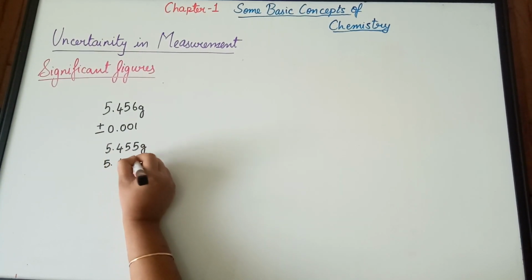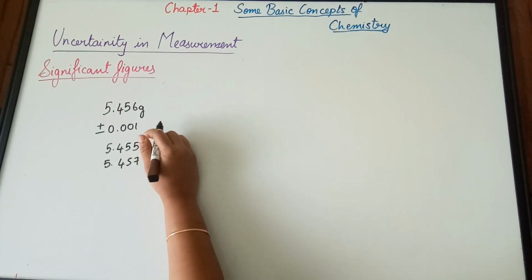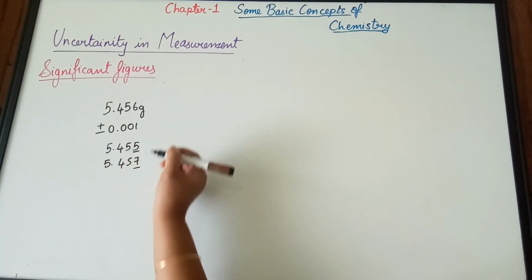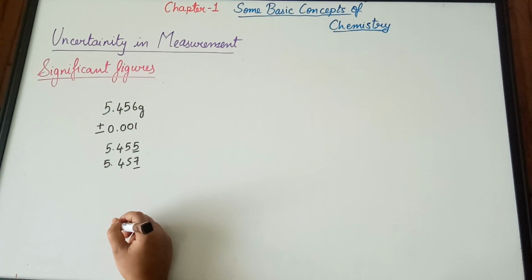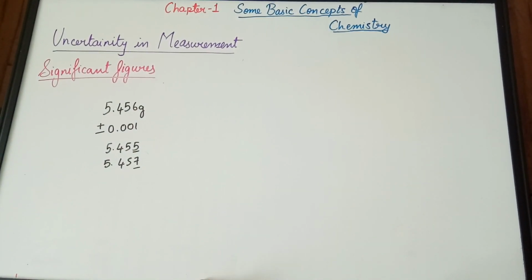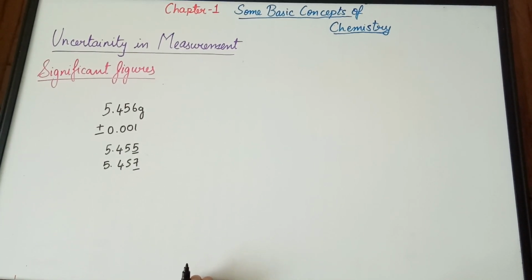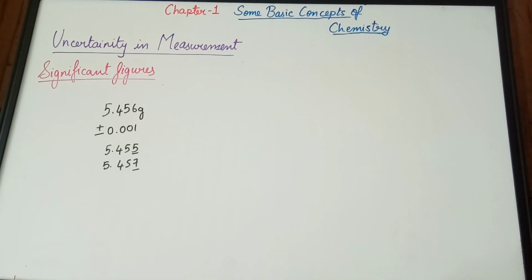So we know all the values except the last one with certainty. So the significant figures are the meaningful digits which are known with certainty plus one which is not certain. There are certain rules which determine how many significant figures are present, so pay attention because we will be doing it with examples as always.